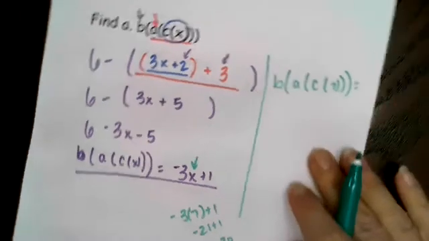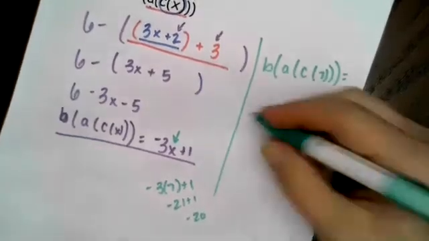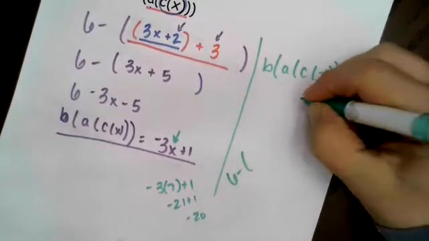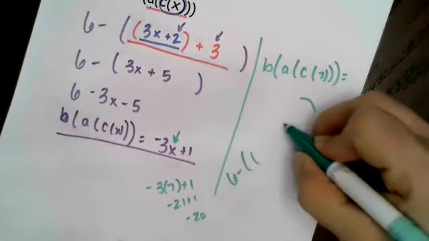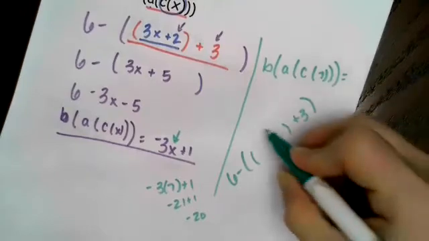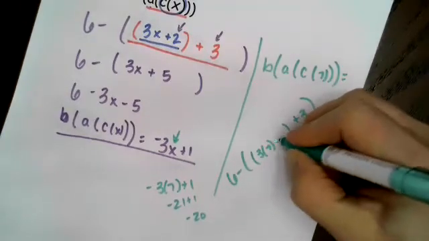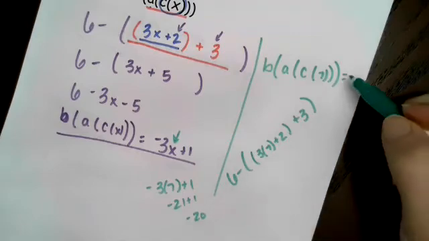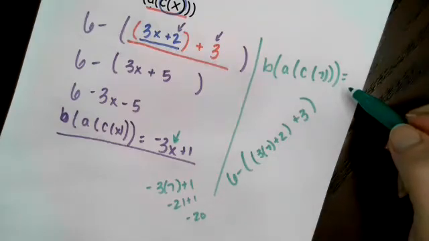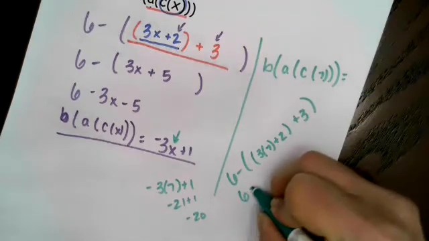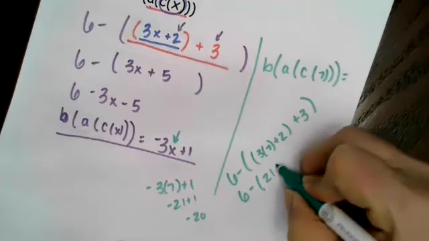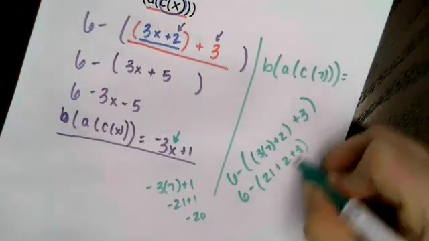Or I can do it from my original here. So starting with my b, I'll have 6 minus the x. And then I have in here my x plus 3. And then I have 3 times my x value 7 plus 2. And then I just need to simplify here. So this will be 21 plus 2 and then plus 3.